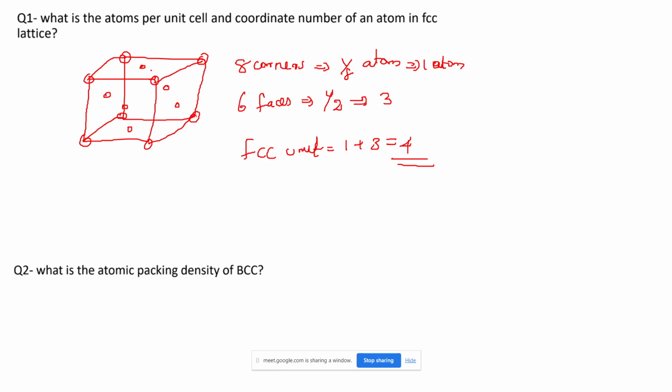The corner atom will be surrounded by 4 face atoms in the x plane, and 4 in the y plane also and z plane also. So totally in 3 planes there will be 4 atoms each. So it's 4 into 3, total 12 face-centered atoms will be there.